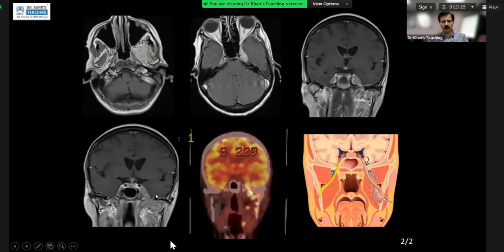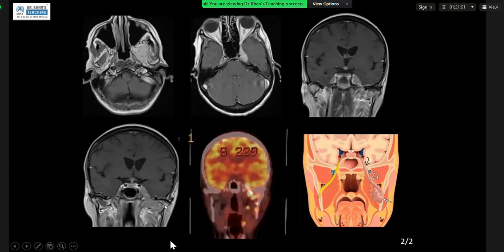Just describe it for me. Yes. So an enhancing mass is seen related to the left cavernous sinus, extending inferiorly through the foramen ovale, possibly into the... Excellent. So the idea here was to consolidate the concepts of anatomy.